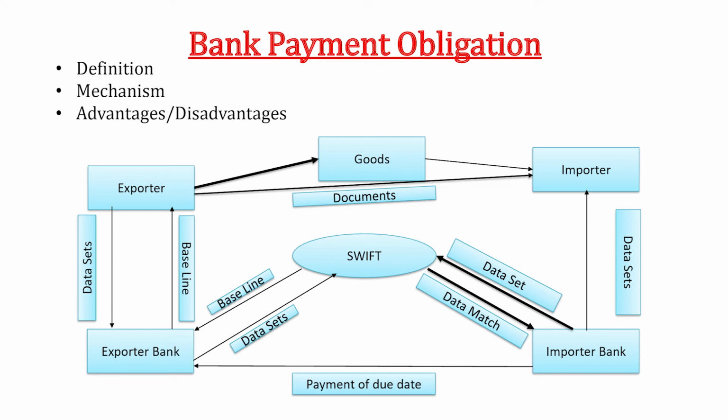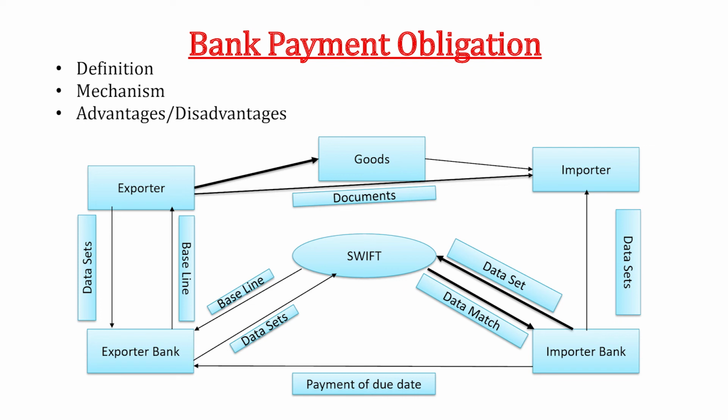SWIFT will send a message to the exporter through its bank that a baseline is required by such and such importer. And if the exporter accepts it, through its bank it will send a message to the SWIFT system that this baseline is acceptable to the exporter, which means that after shipment, the exporter will be able to provide the data set required by the importer relating to the underlying trade transaction.